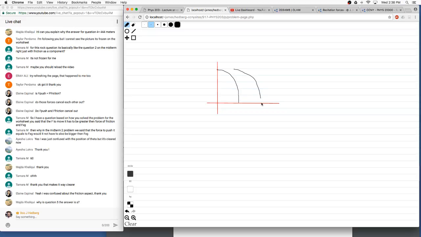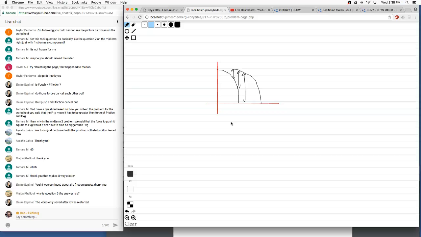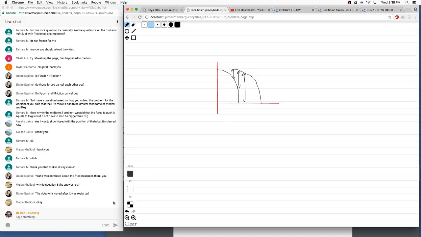There are two graphs, and the distance between the two positions is always getting bigger. The video only saved after it was restarted. Oh, okay. Well, that's unfortunate.